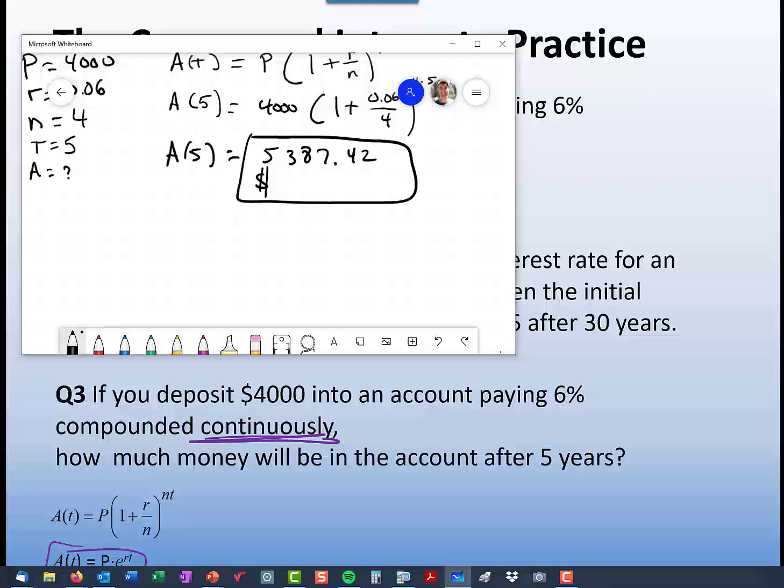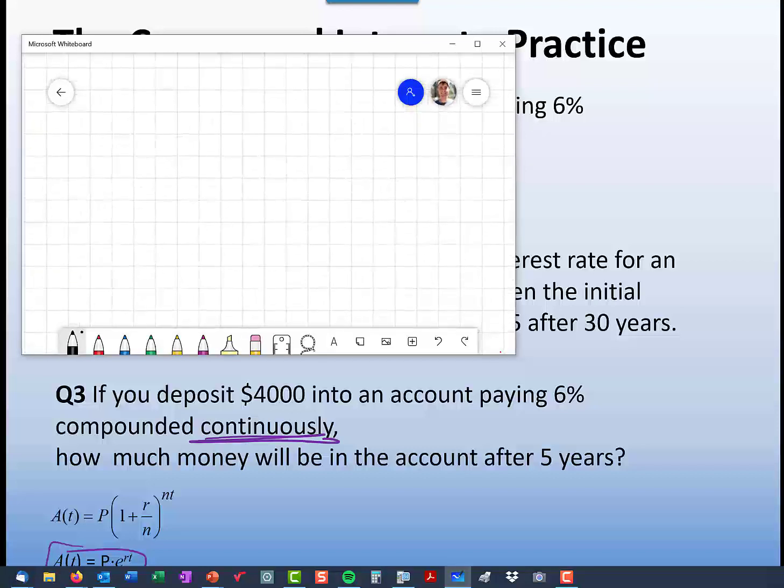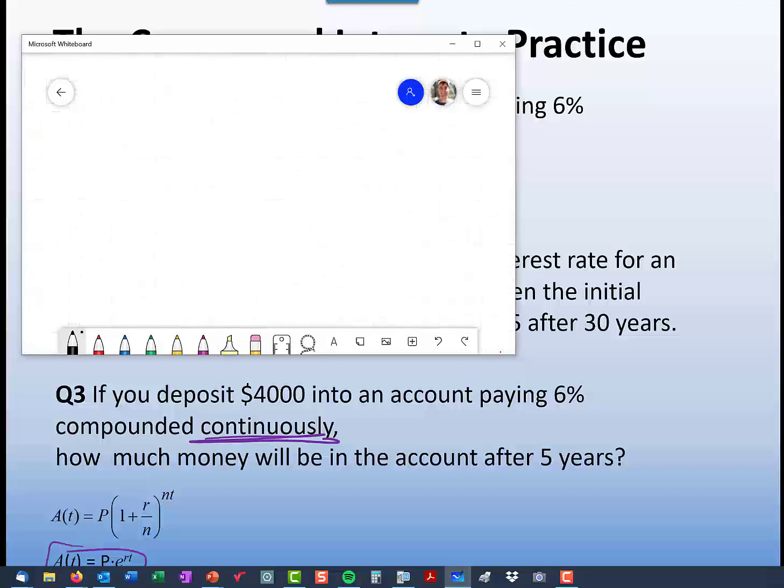On this problem, we have a lot of the same things. 4,000 is our principal. The percent is 0.06. Time is 5 years.